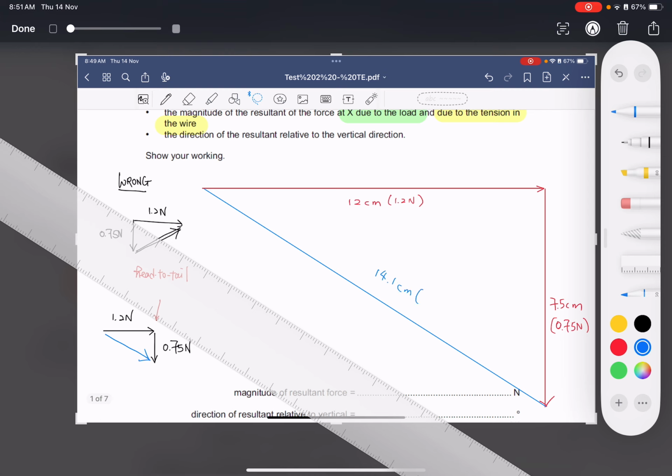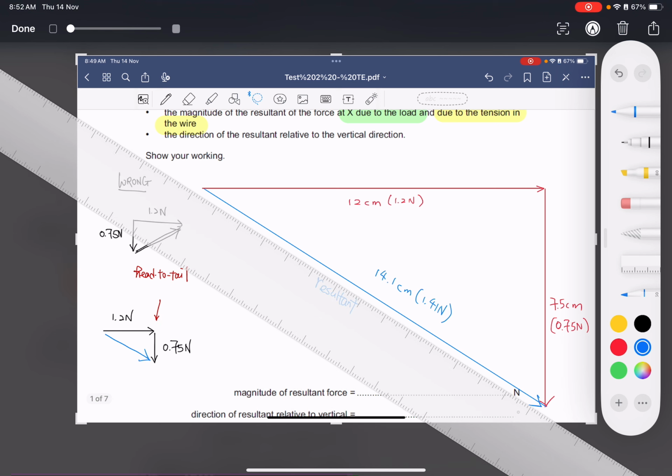Using the scale, you just divide by 10, so I have 1.41 Newton. Then this is the resultant. Now, you know why I asked you to use rulers. First of all, you need to use the ruler to draw the two red vectors. And finally, you need to use the ruler to find the length of the resultant vector.